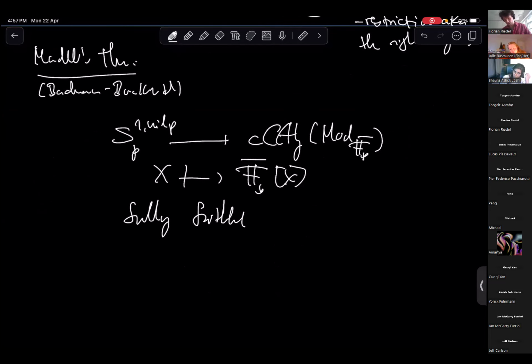And now you can descend the statement. You can descend this down to FP, a version of the statement. It will not be fully faithful over FP.